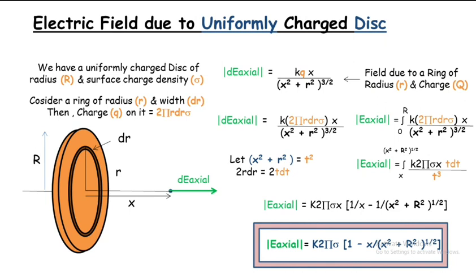When we are very far away from this disk, if we are seeing this disk from far away from the center, it behaves as a point charge. When x is greater than r, it behaves as a point charge.